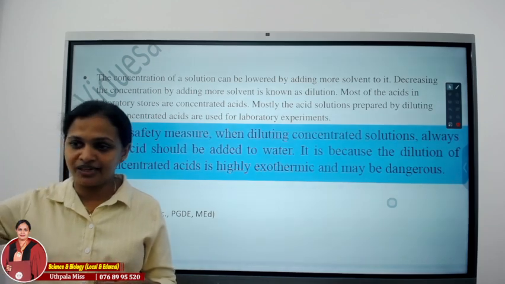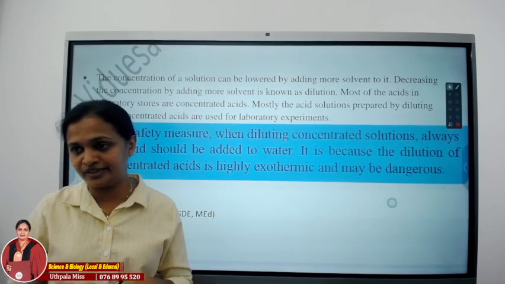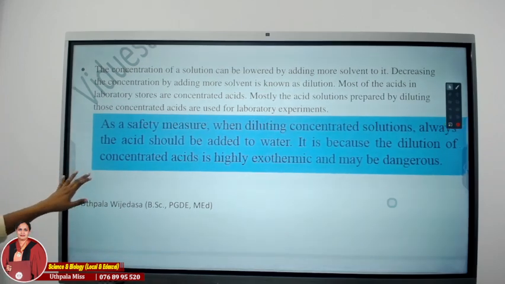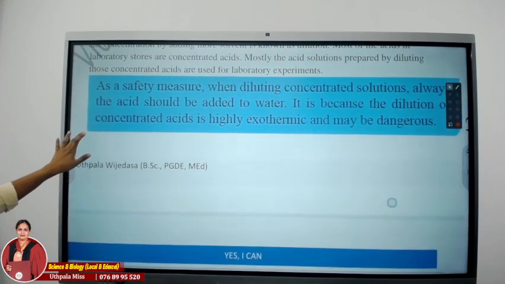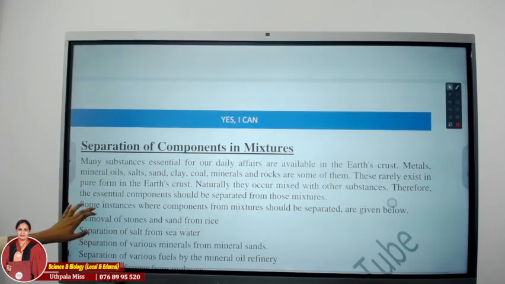But once you add the acid dropwise into water, it will gradually be diluted. As a safety measure, when diluting concentrated solutions, always the acid should be added to water, because the dilution of concentrated acids is highly exothermic and may be dangerous. That is the reason.